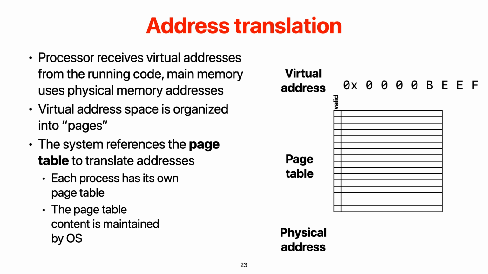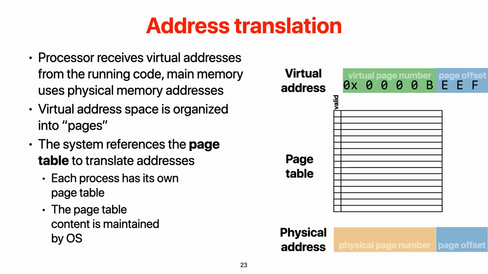If we maintain a very naive page table, it would probably look like this. Whenever you receive a virtual address, similar to what happens in the cache, the page offset, which means the bits that identify the requested data within a page, does not need to be translated, because it's just used to identify the location of the data within a page. What really needs to be translated is the virtual page number to the physical page number.